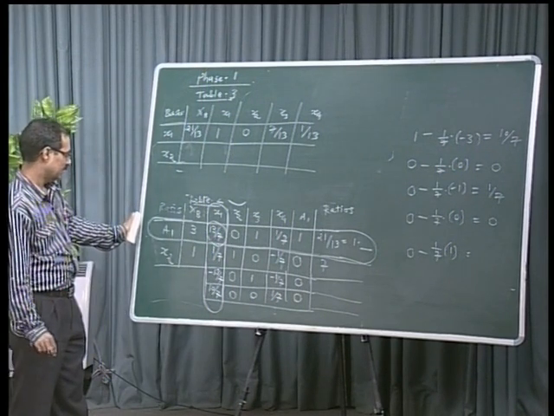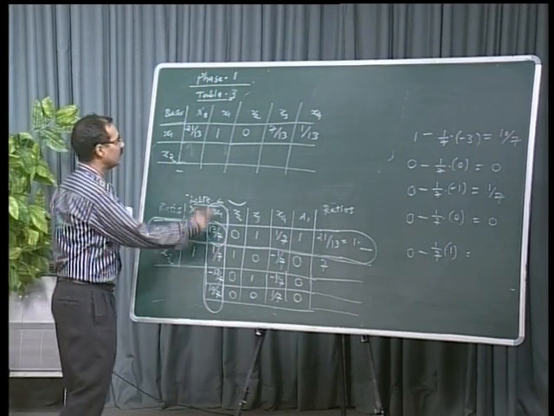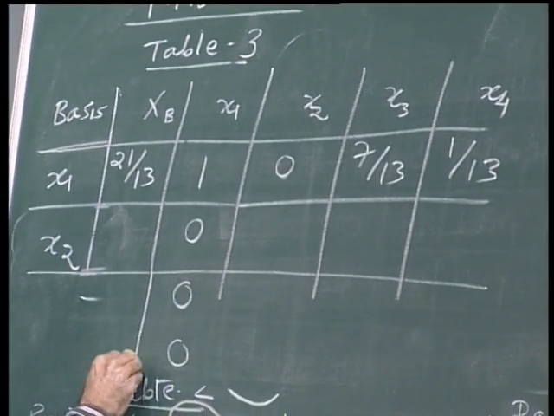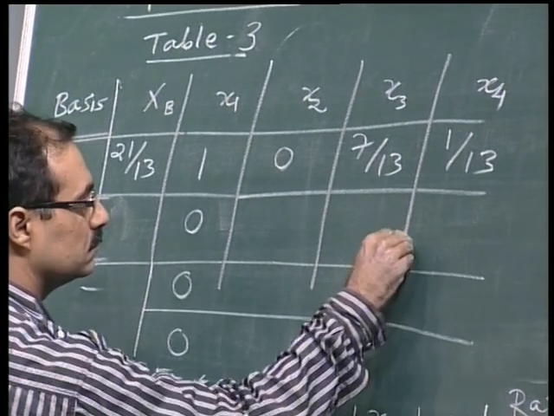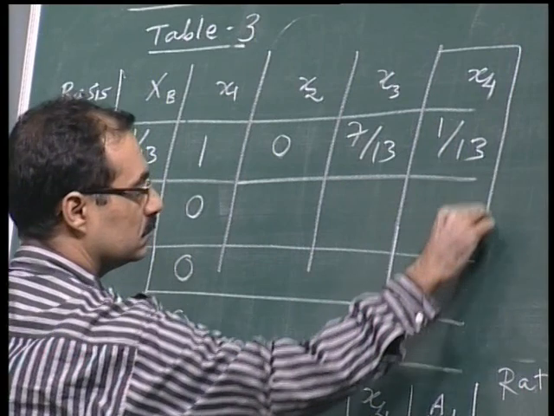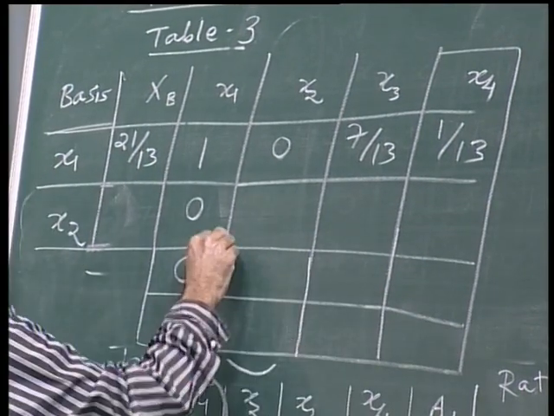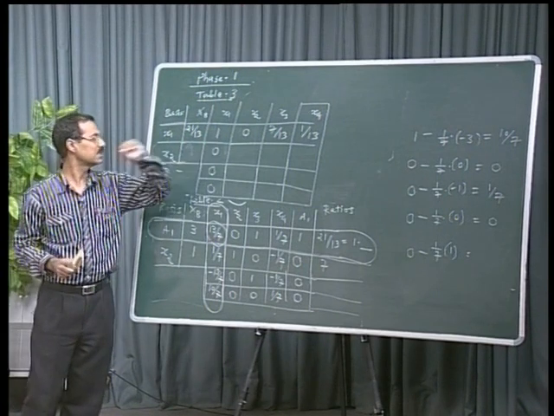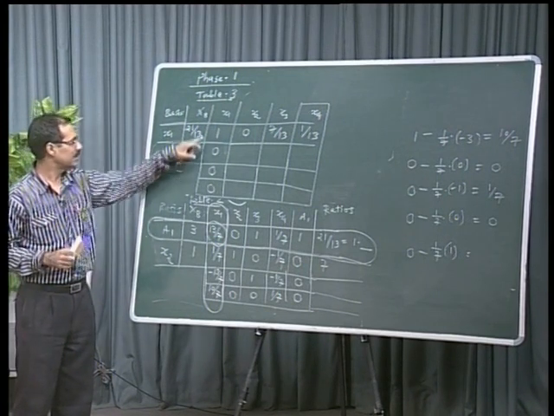Okay. Highlighted column, x1 column actually. So, 0 everywhere. Okay. So, this is done, highlighted row is available, highlighted column is available.